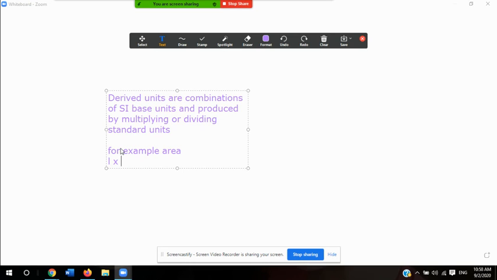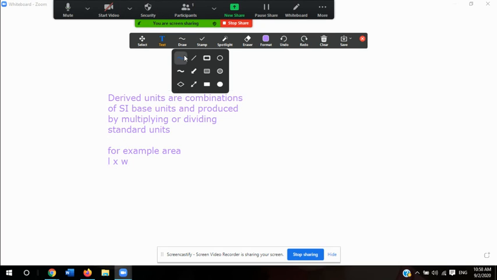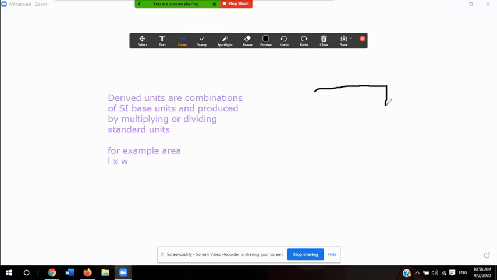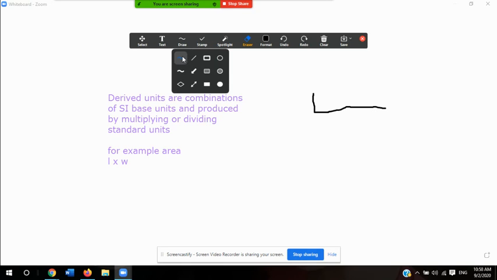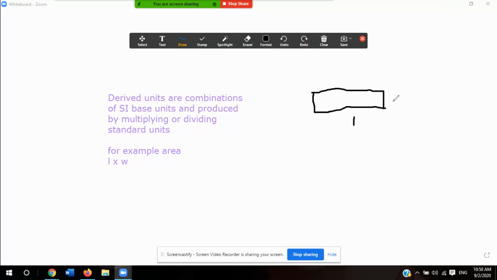If you have a rectangle, then of course the area of a rectangle is a derived unit because to obtain the area of a rectangle, you have your length, which is here, and your width, which is here.